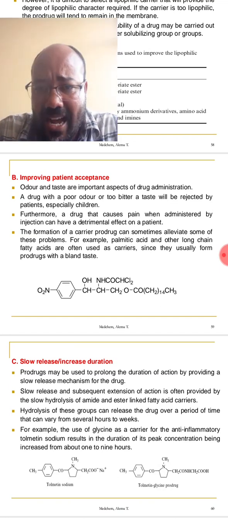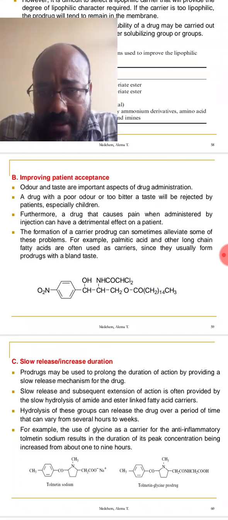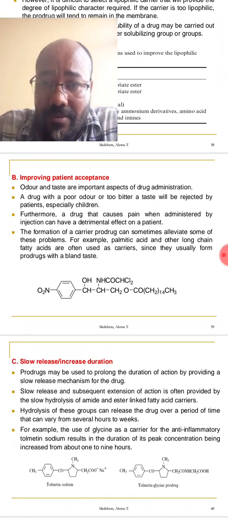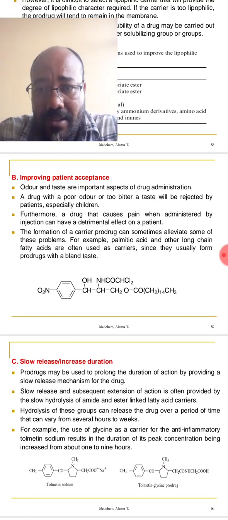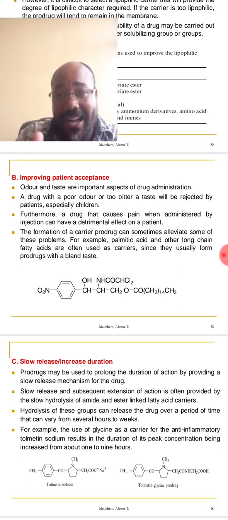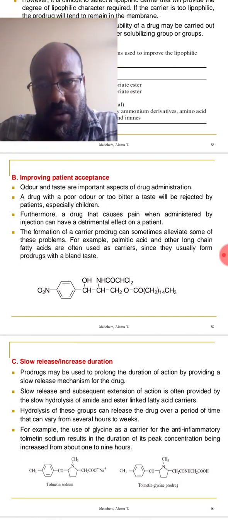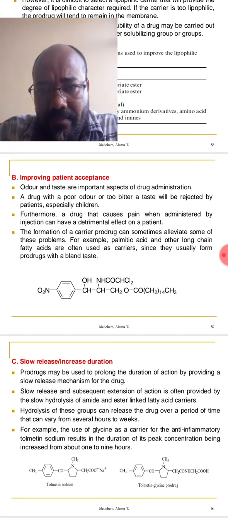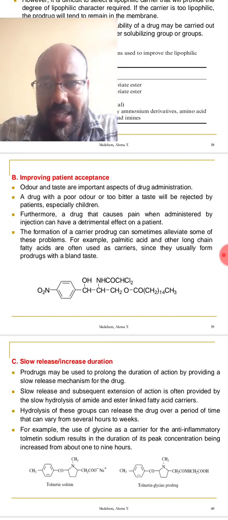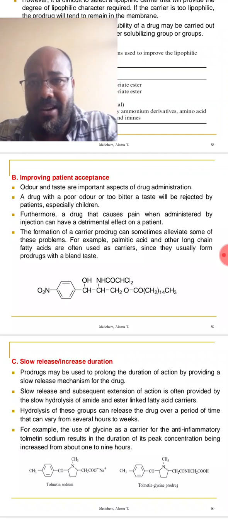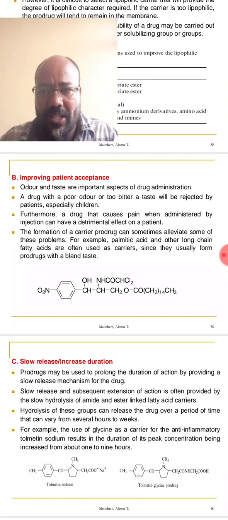Drugs that are highly bitter are mostly rejected by children. Therefore, to increase patient acceptance, we can react the bitter drug with a sweet substance like sugar. Your active drug is bitter, and the carrier is sugar or a sweetener.